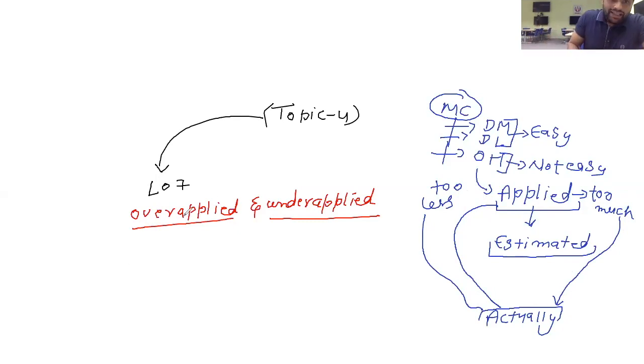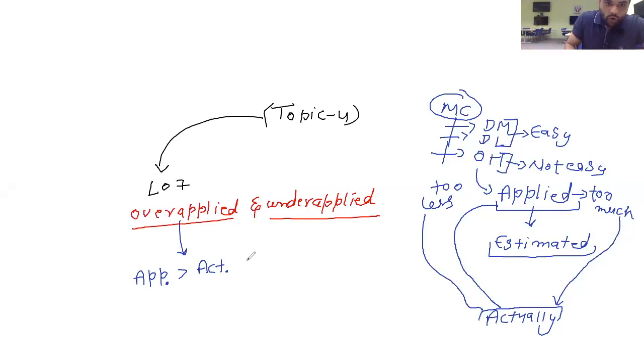So what is over applied? Over applied means the applied number is more than the actual number, which means we applied too much, but the actual overheads are less than applied.